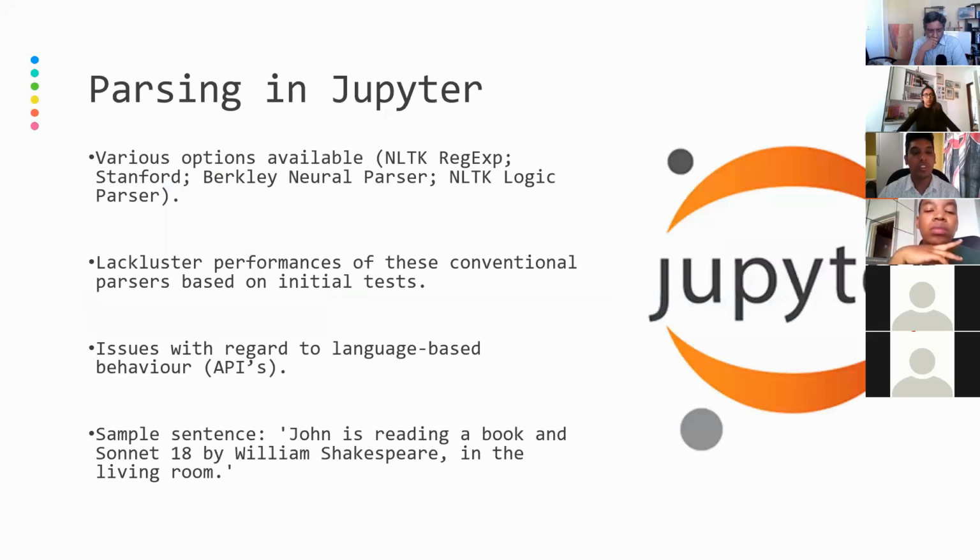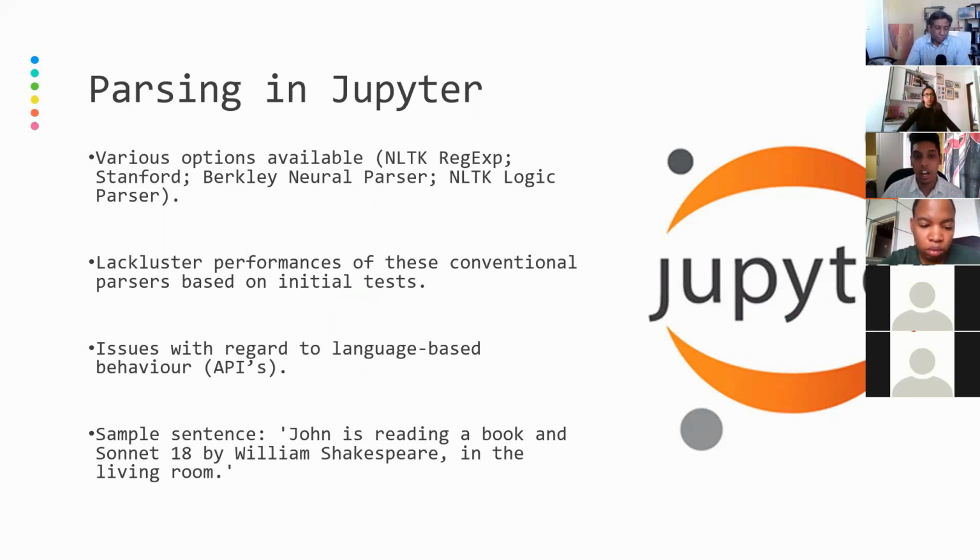So just to start off with parsing in Jupyter, there are various options available. You have the NLTK, the Natural Language Toolkit regex parser, the Stanford parser, the Berkeley parser, and so on and so forth. And those parsers listed there, I have had some kind of engagement and involvement with them to some degree.